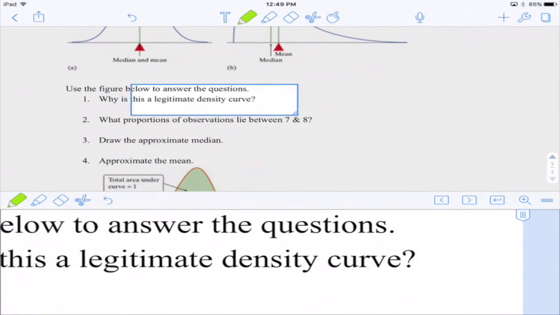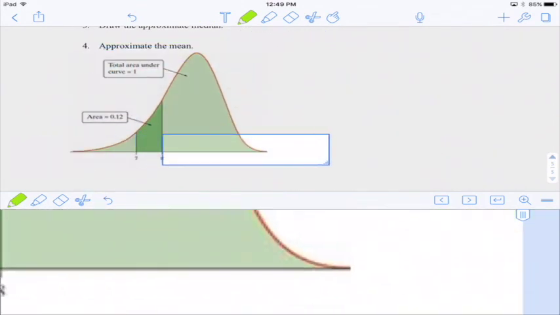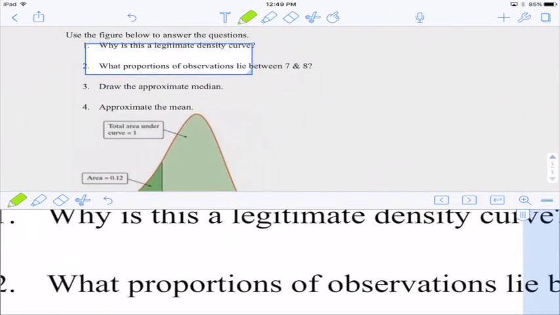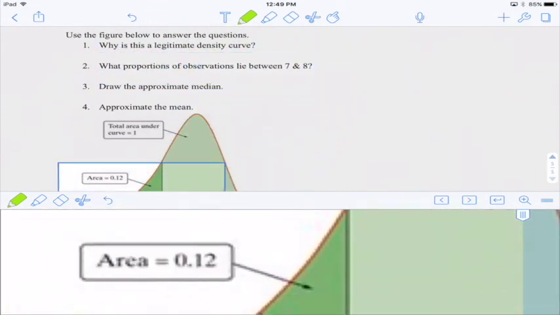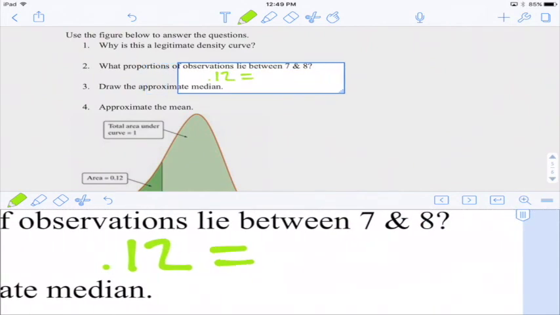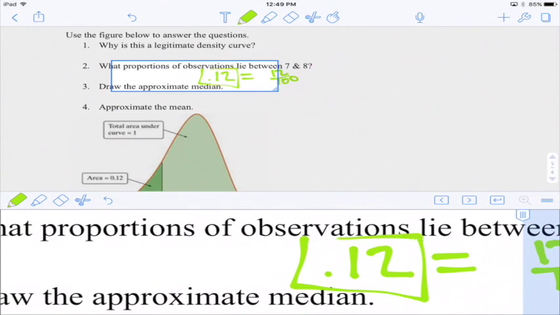Why is this a legitimate density curve? Well, all the values are above the horizontal axis or on it, and the area is 1. The proportion of observations that lie between 7 and 8, well, that's 0.12. If we want to write it as a ratio, we could say 12 out of 100 if we wanted, but really 0.12 is perfectly fine.